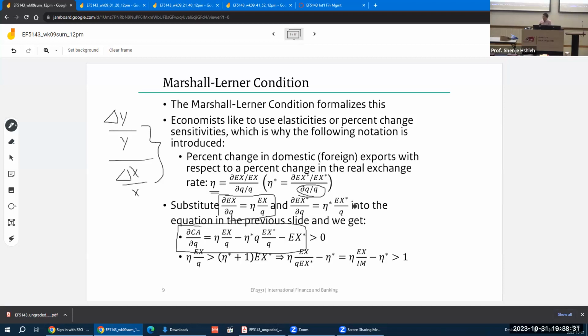Well, I'm going to tell you why soon. It's supposed to give you some intuition. All right. So once you replace those partial derivatives with elasticities multiplied by a ratio and set the condition that there is pass-through, that means greater than 0, we can then rearrange terms even more to look like this. Okay.